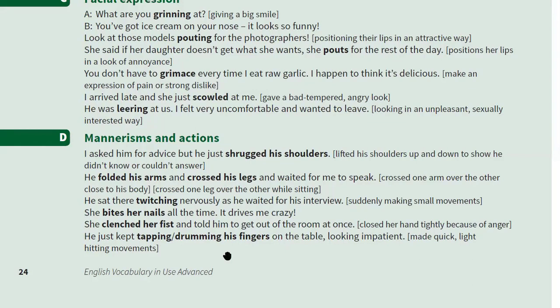Other one, he folded his arms and crossed his legs and waited for me to speak. So crossed one arm over the other close to his body, crossed one leg over the other while sitting. Fold his arms and crossed his legs. I'll show you pictures for this. I'll ask you how you understand this.